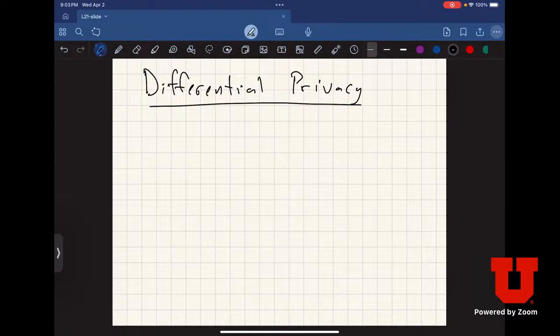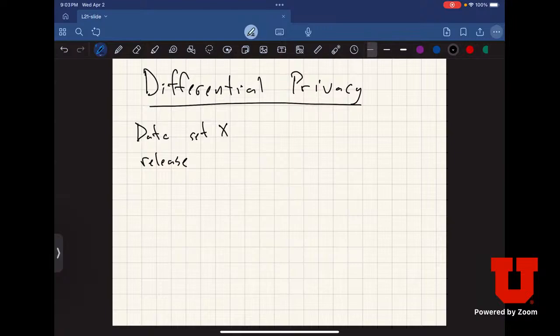Okay, so differential privacy is a formal way to define privacy. The idea here is that you have a data set X, and you would like to release the data set, but you're not going to release it exactly, because that might uncover some people's private information.